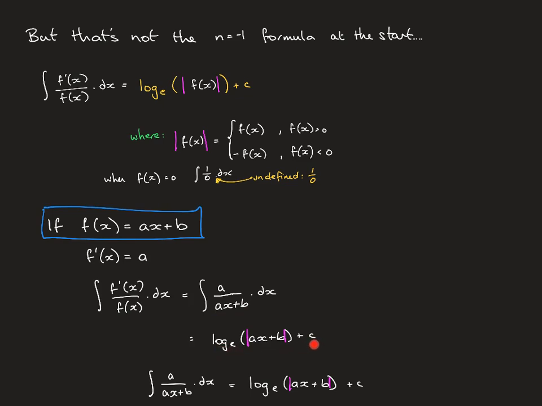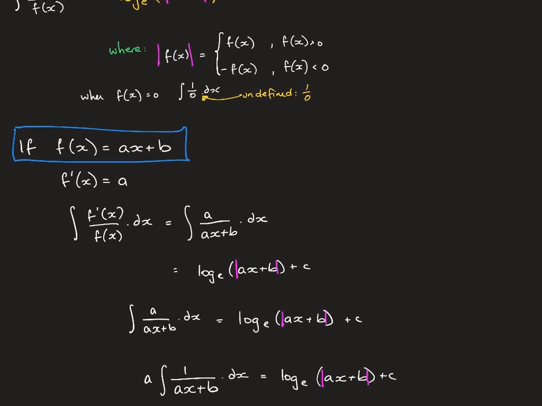Now, that's not the formula on the formula sheet either, or the other one that I told you to use. It's in the book, but it's not the one that I told you. So anyway, let's go back. You'll notice that this a at the top is the coefficient of our x value. And so it's just a constant. So we can bring this out the front, the old bring that out the front trick.